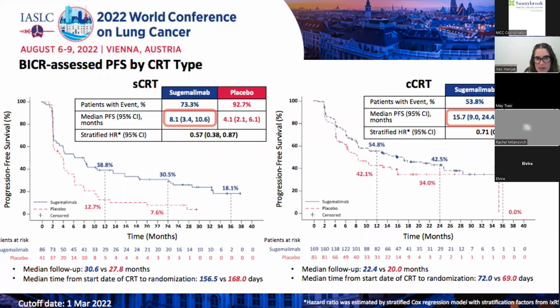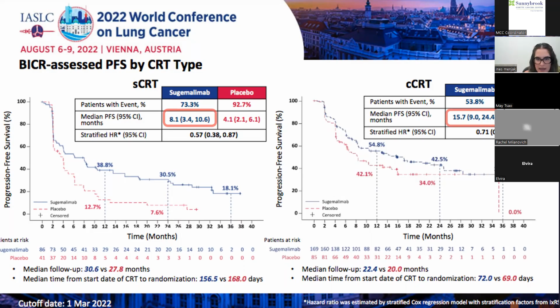When they evaluate sequential and concurrent chemoradiation separately, the benefit of sugemalimab in terms of disease-free survival remains, with a hazard ratio of 0.57 in patients who underwent sequential treatment and 0.71 in the concurrent chemoradiation arm.